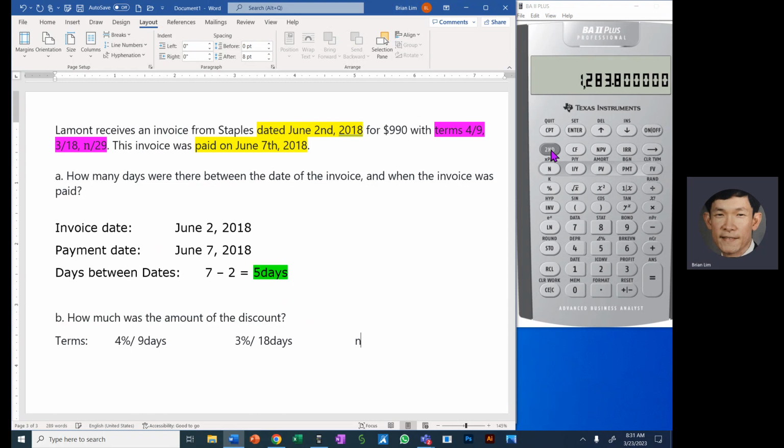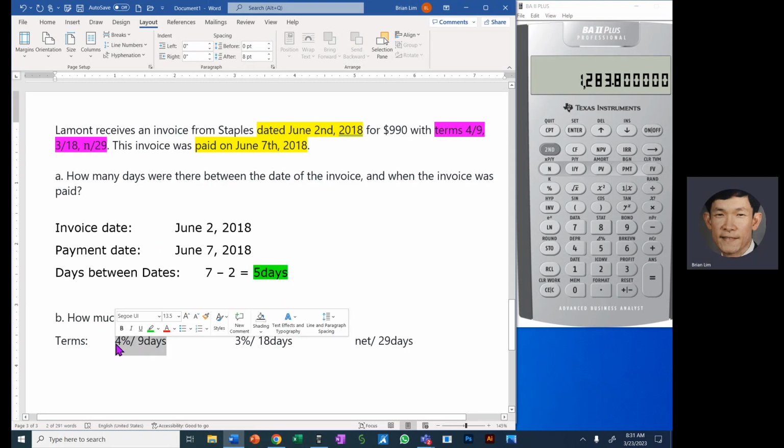And then the last one would be net, and that is 29 days. Okay, so 5 days is definitely less than 9 days. So it's within the 9 days from the date of the invoice. So how much would be the discount? So the discount is a 4% discount.